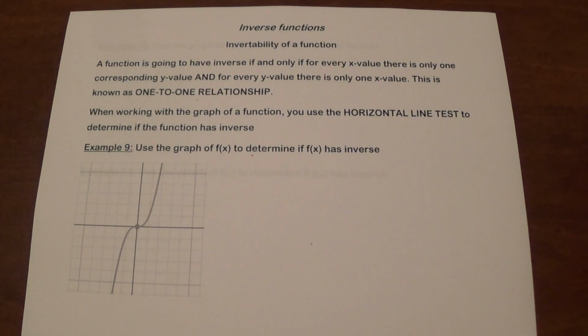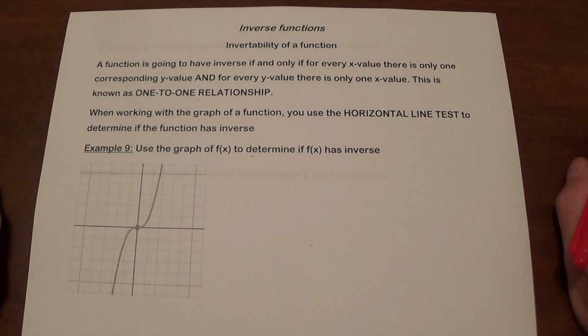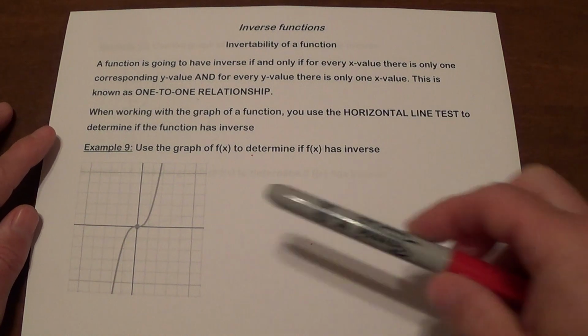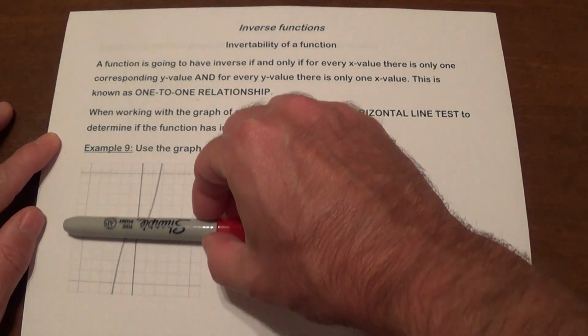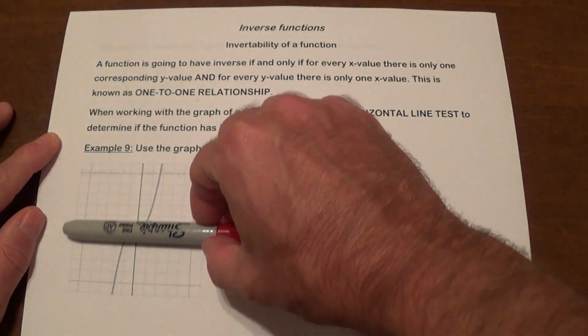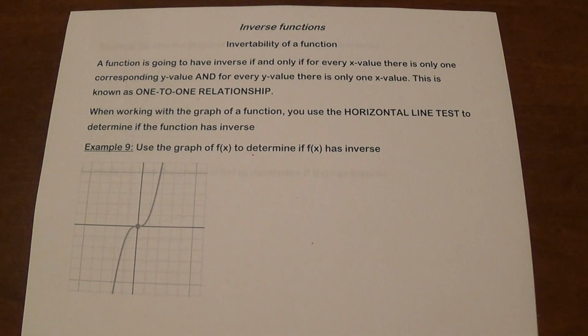And typically we use something called the horizontal line test, which allows you to see if the function has an inverse. In the horizontal line test, you don't want the graph of the function to cross a horizontal line more than once. If you try to do it here, imagine drawing a horizontal line anywhere, I'm only going to cross the graph of this function once. So this function has an inverse. It's invertible.